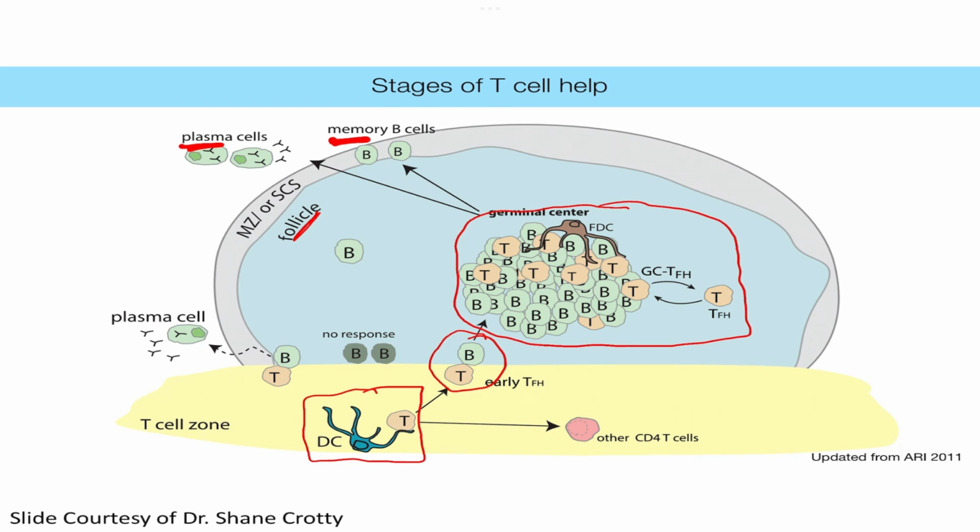And the other really nice thing that I want to point out about what we see here is that there are some B cells that could get activated, go to the border between the B cell and the T cell zone, be looking out for their T cell, and if they don't find their matching T cell, that stops this whole process in its tracks.